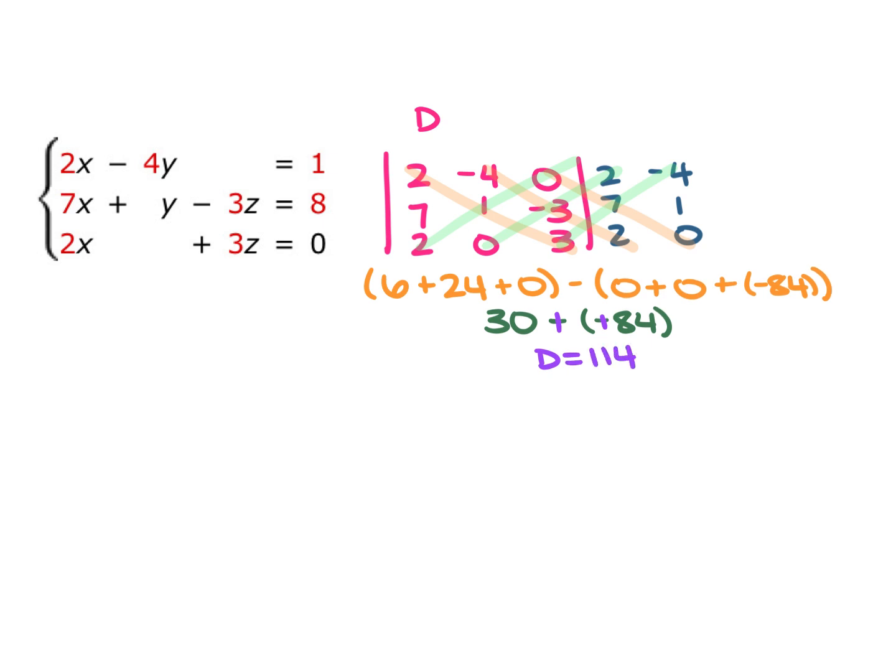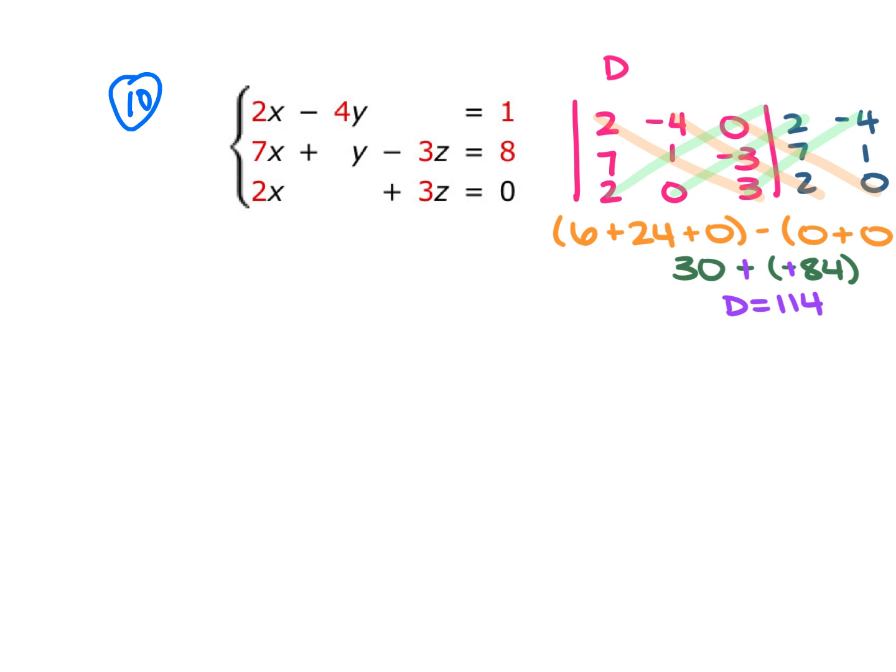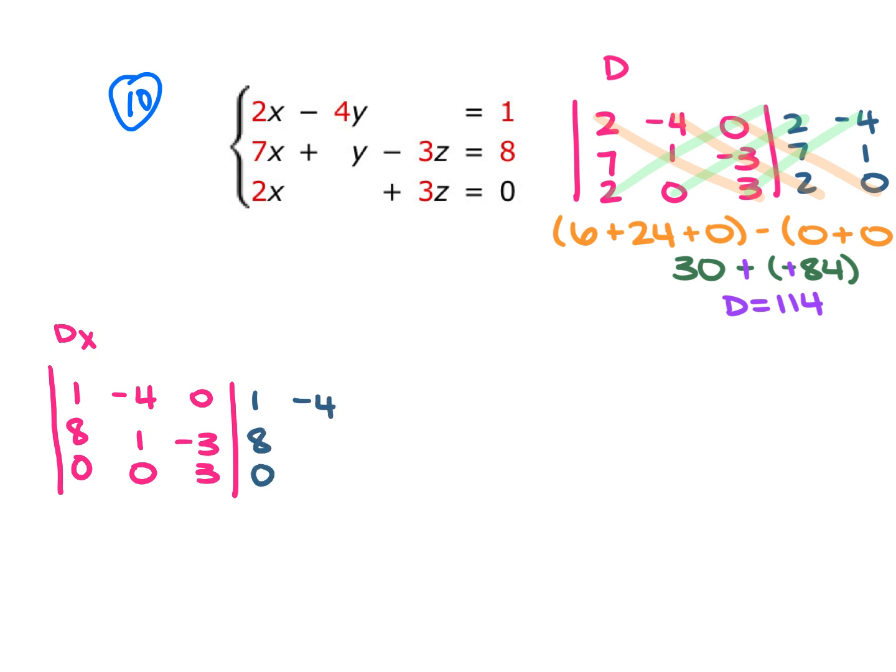All right. So from here, we are going to find d sub x. Remember, change your x values out for your answers. So that's going to become 1, 8, 0, negative 4, 1, 0, 0, negative 3, 3. Rewrite the first two columns. Multiply, starting from top to bottom, and then go bottom to top.